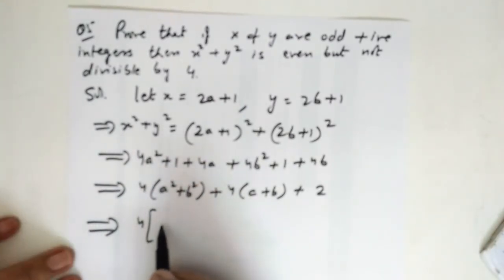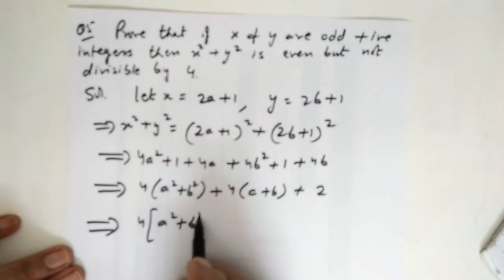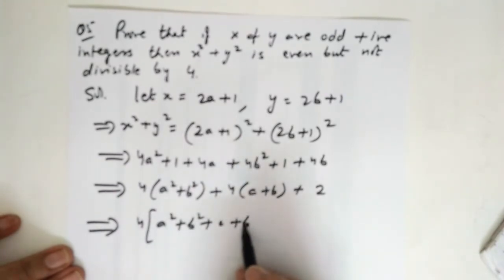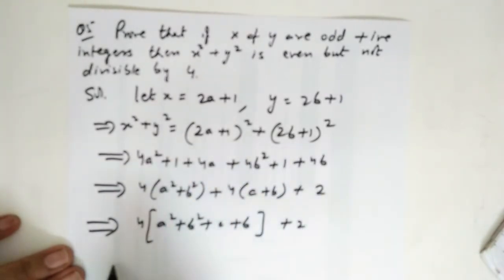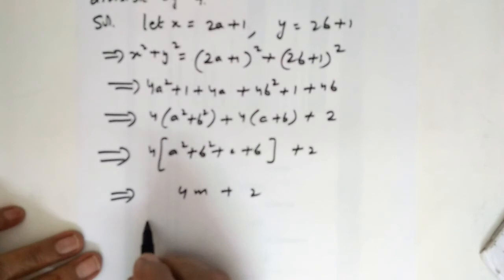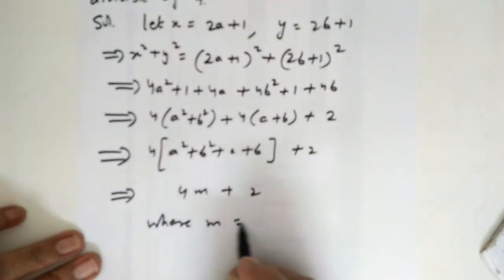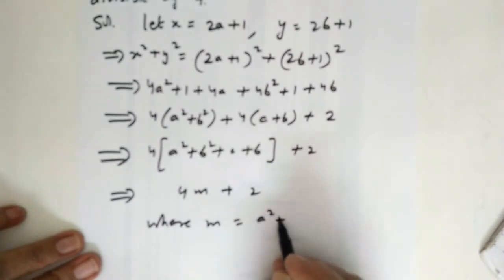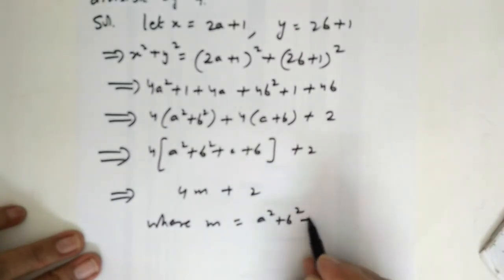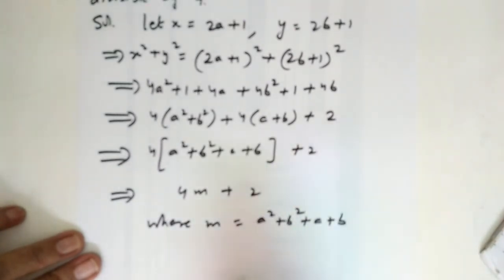Let it be 4m plus 2, where m is equal to a square plus b square plus a plus b.